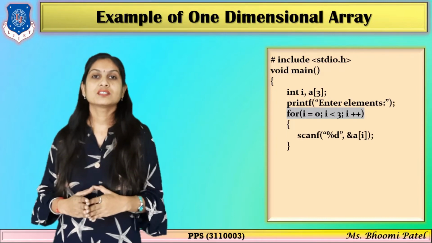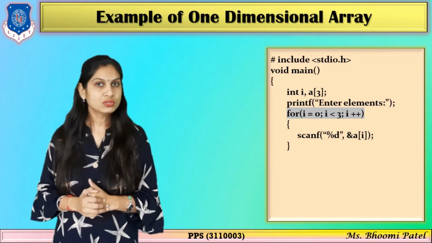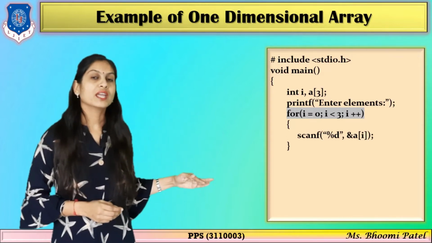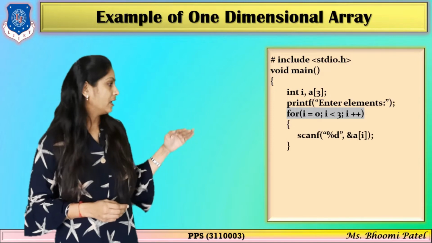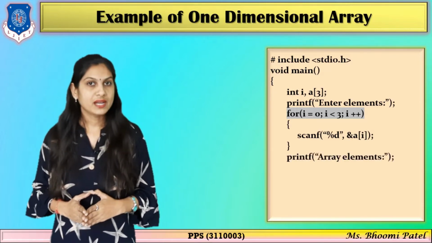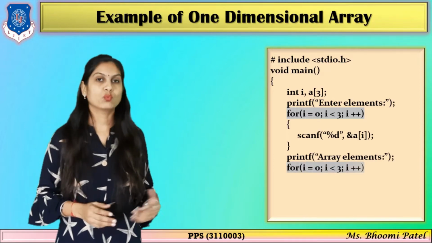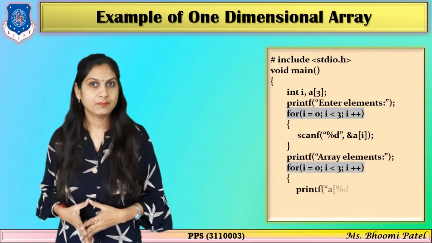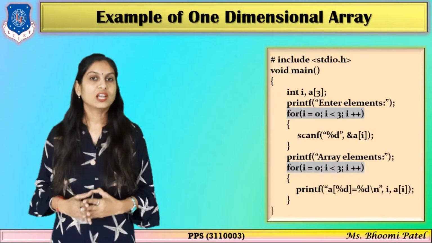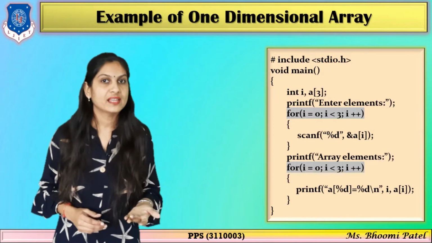Here I just want to print the data that is already input by the user. So for that we have to again use a for loop, and before the for loop we write just the message "The array elements are". Then our for loop: for i = 0, i less than 3, i++. Same for loop, the only change is that instead of scanf, now we have to print that data.